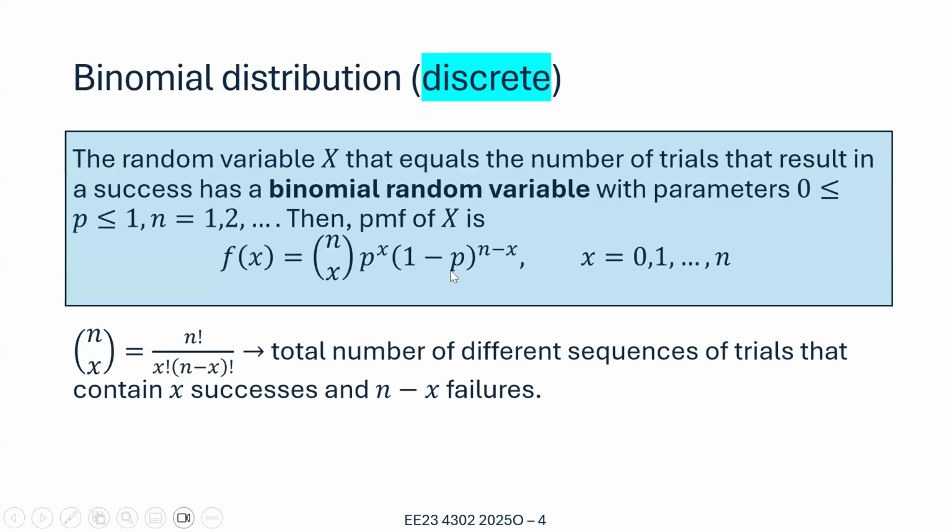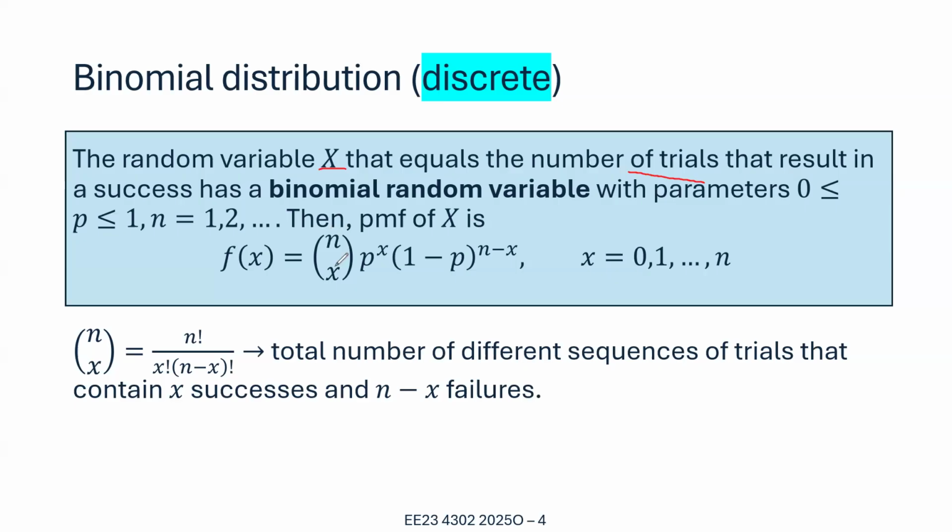is following this equation. The random variable X that equals the number of trials that result in a success has a binomial distribution with parameters 0 < p < 1, so p is the probability. Then the probability mass function of the random variable X is written as this.